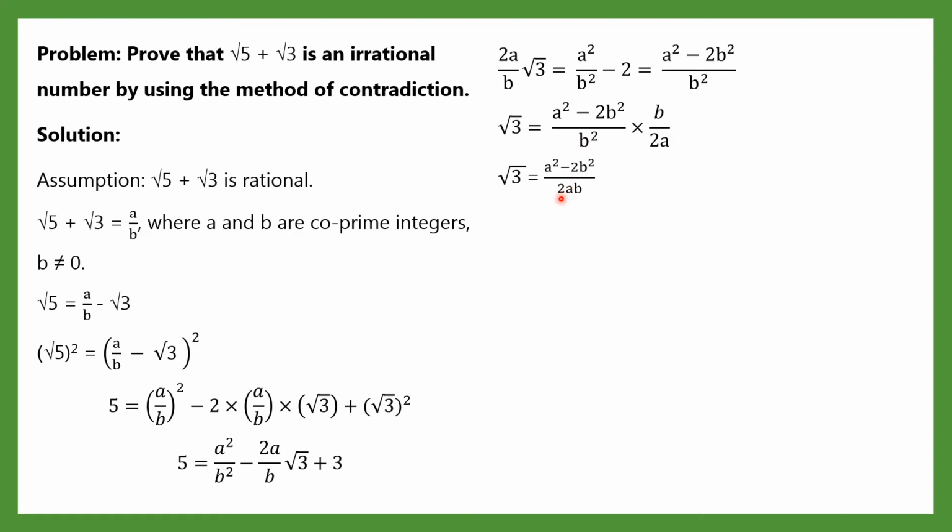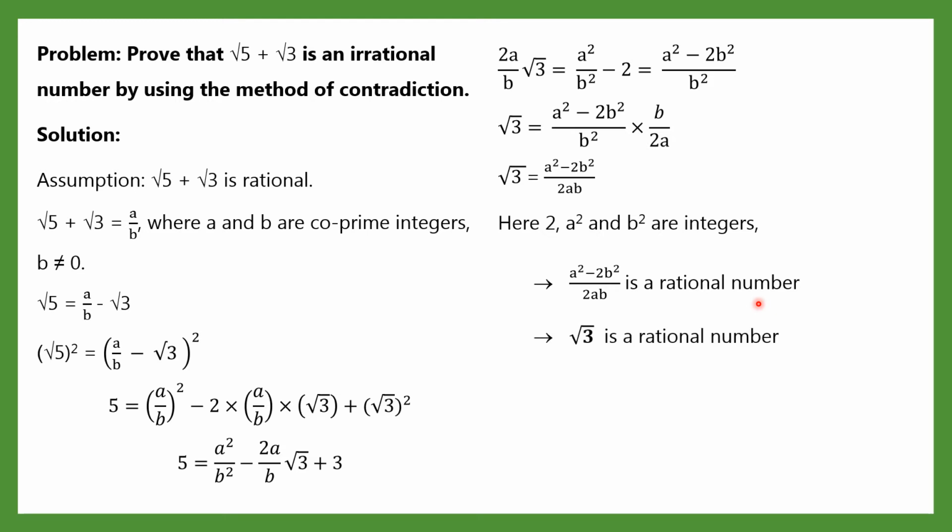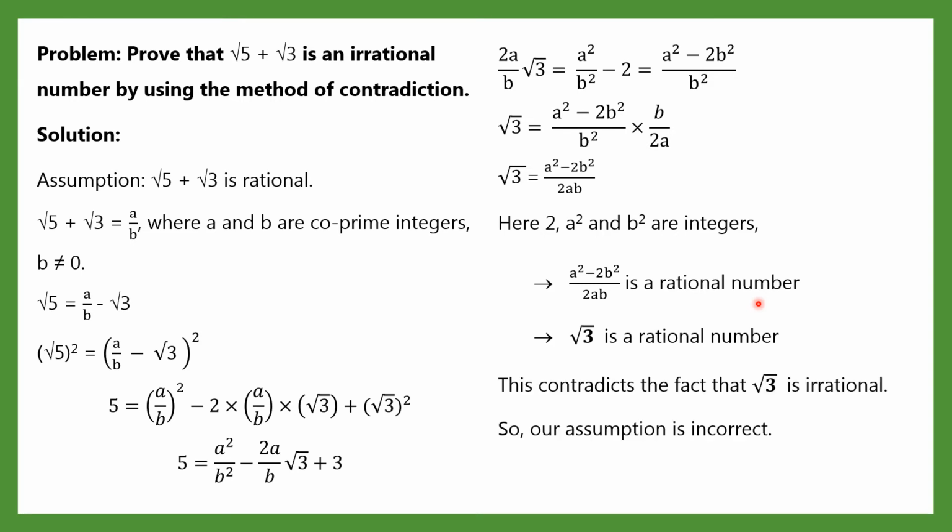We got 2ab. Now here 2, a square and b square are all integers. Let's say this factor, a square minus 2b square by 2ab, is a rational number. If this is a rational number, and this is equal to root 3, then root 3 is a rational number. Okay, we got root 3 as a rational number.